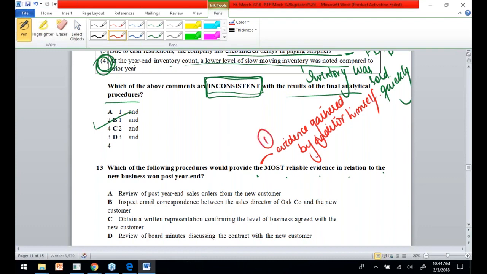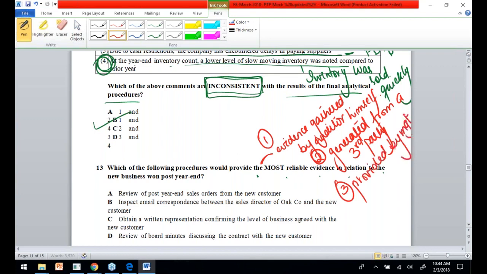The second most reliable form of audit evidence is evidence generated from a third party. The third most reliable audit evidence is evidence provided by management only if controls are strong.